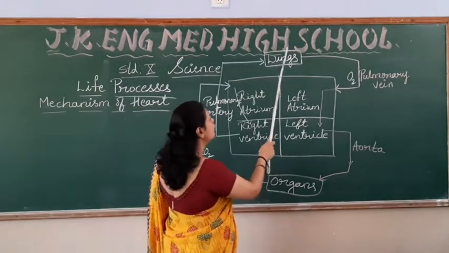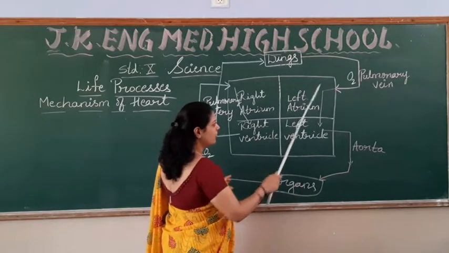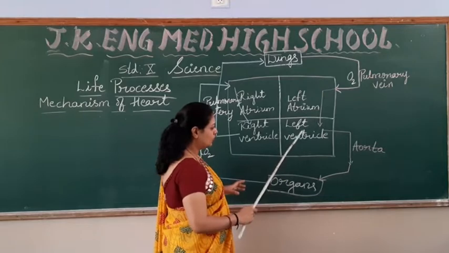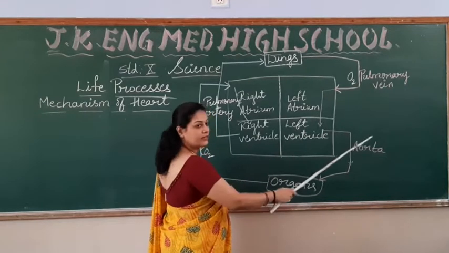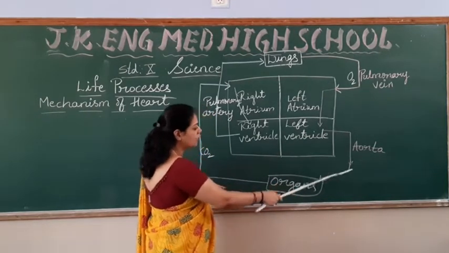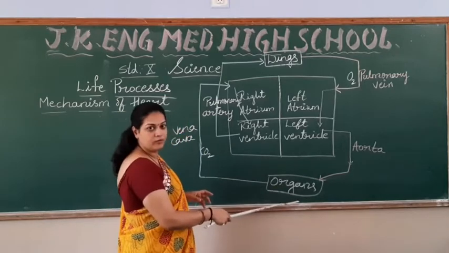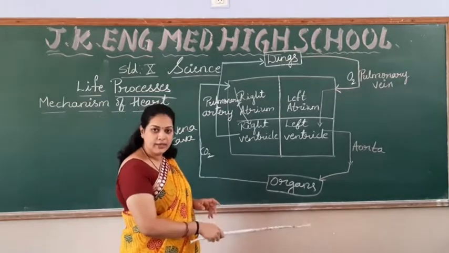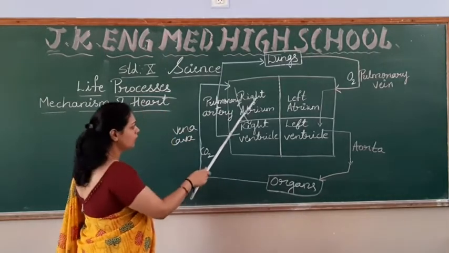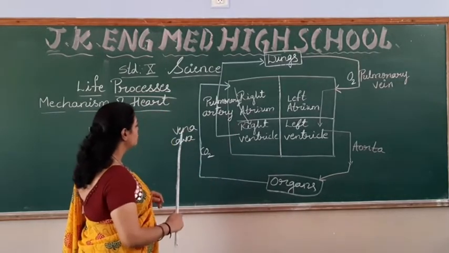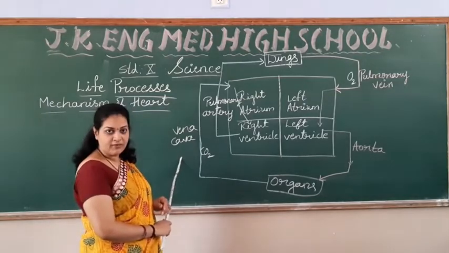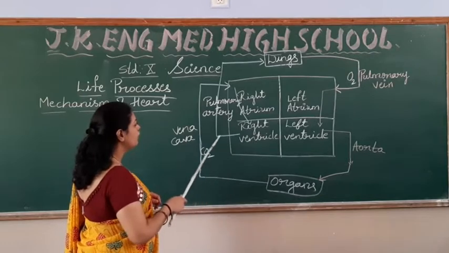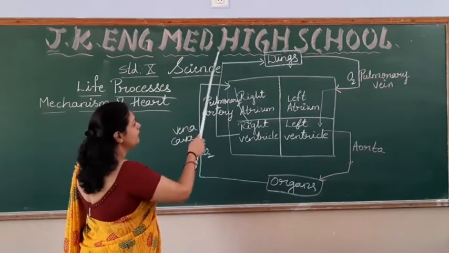Oxygenated blood goes from the lungs to the left atrium through the pulmonary veins, from the left atrium to the left ventricle, to the aorta, and from the aorta to all parts of the body. From all the organs and cells, deoxygenated blood comes to the right atrium through the superior and inferior vena cava, from the right atrium to the right ventricle, to the pulmonary artery, to the lungs.